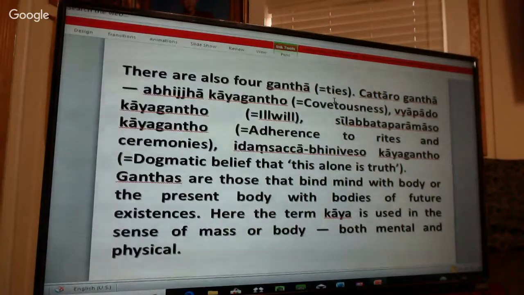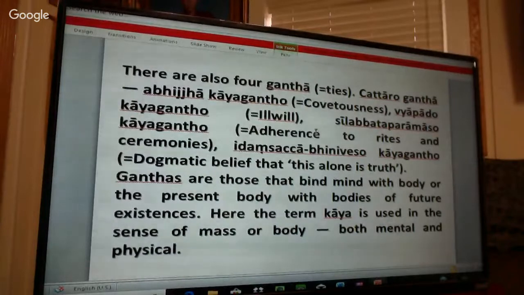Here the term Kaya, we need to be careful. Kaya in Pali has many usages: Kaya Vipassanā, Kaya Passaddhi, Kaya Viññāṇa, and many different usages. Kaya is used in the sense of a mass or body, but here the meaning is both mental and physical.